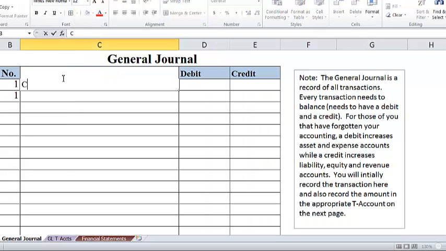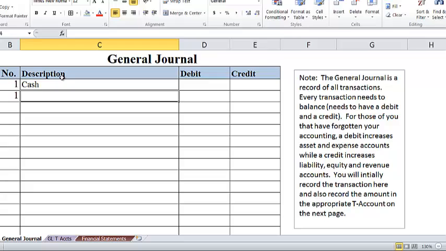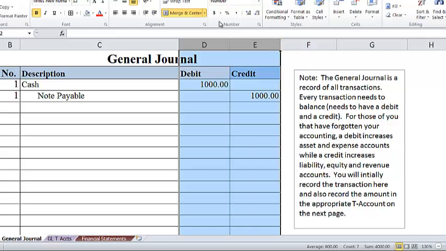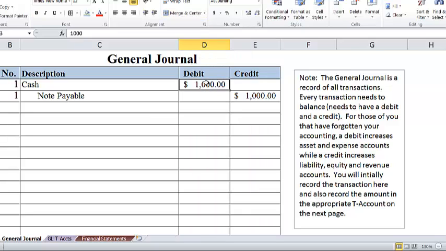Okay, so the loan committee. Suppose you go to the loan committee and you get cash. You're going to ask for $1,000 cash. So you start out with a $1,000 debit and a $1,000 credit. Cash is increased by debits and liabilities are increased by credits.